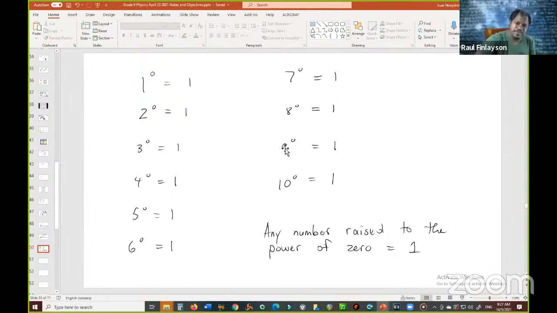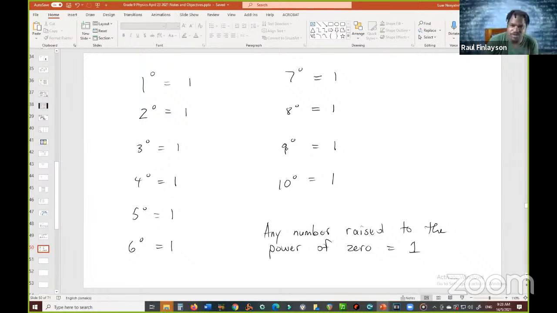But what if the number is 9? 9 followed by, well, there's no 0 there. And the 9 doesn't have any power at all. It's a number, but a number without a power is 1. 1 is an identity. That's basically saying that you have a number written, but the number has no power.